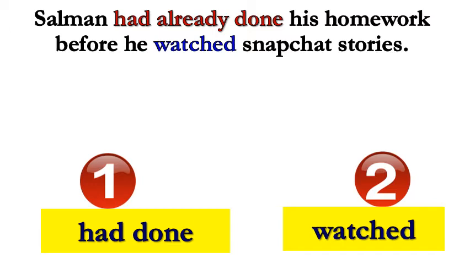We put the first in the past perfect tense and we put the second in the past simple tense. Salman had already done. Had done is the first action, which means happened first. Watched is the second action, we put it in the past simple.